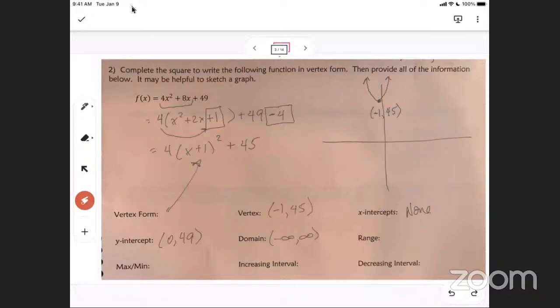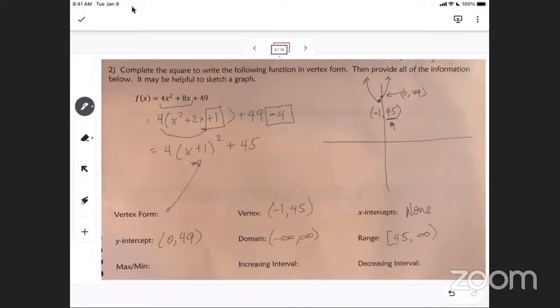Right? 49 is the Y-intercept. 45, the range is always based upon the Y coordinate of your vertex. Okay? So it's from 45 inclusive, so put a bracket like that, to infinity. See, your Y-intercept was 49, it's right there. That's (0, 49). That was your Y-intercept, but it actually started at 45, not at 49. Okay. The lowest Y value is 45. Does that make sense? Yes.